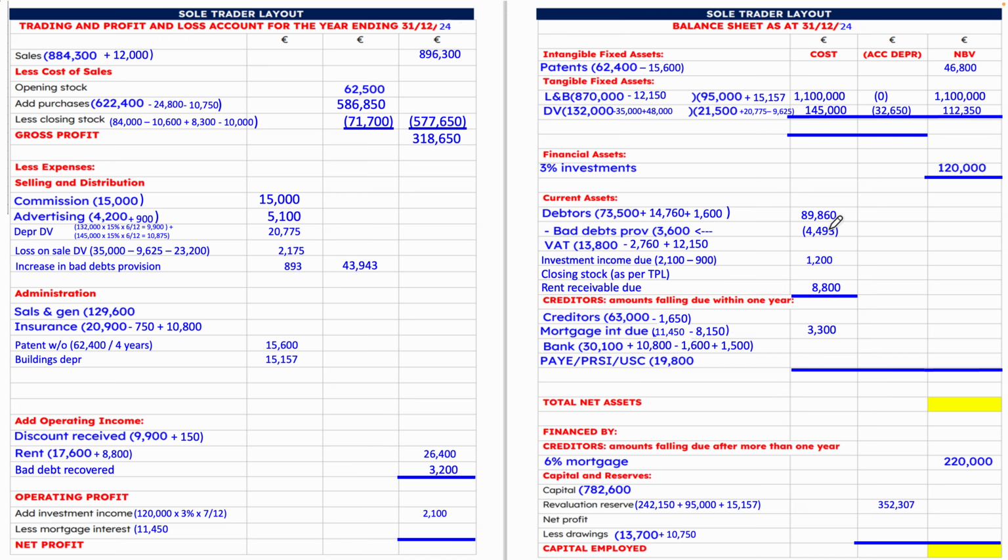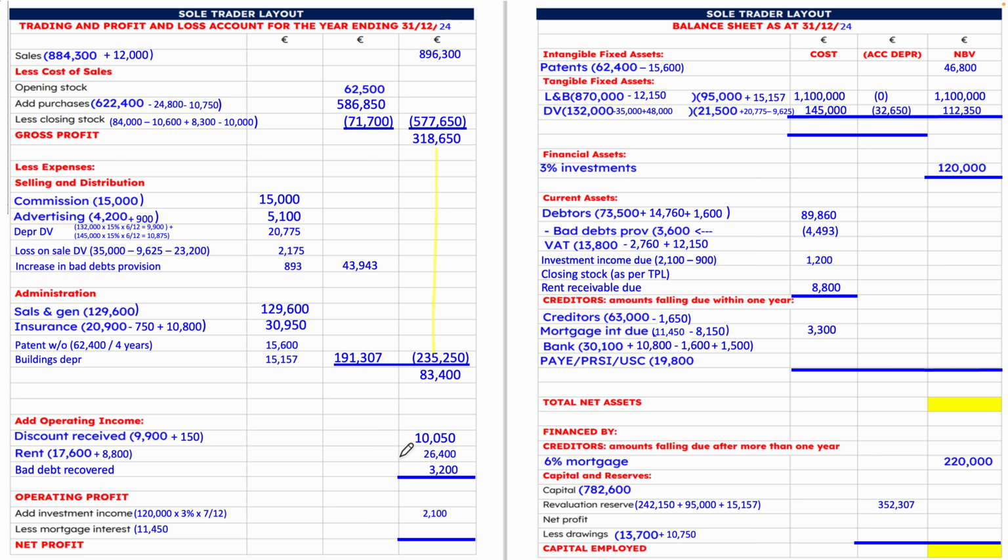We tot them all up. All of the selling and distribution expenses, 43,943. Then we tot up all the admin expenses. We get 191,307. We add that to the 43,943 and we get 235,250, which is all of our expenses, which we take away from our gross profit there. And that gives me 83,400.